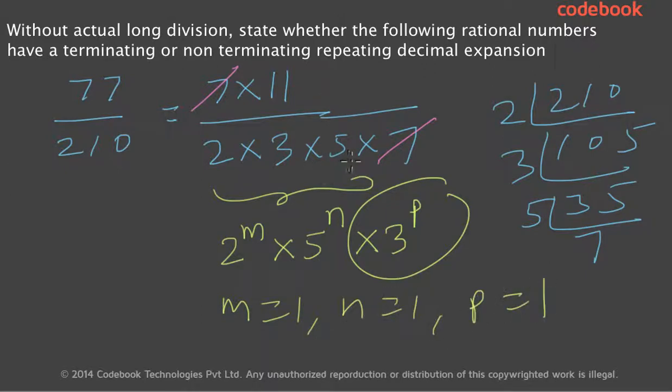So this number is a non-terminating repeating decimal, because based on the theorem the denominator cannot be expressed in the form of 2 power m times 5 power n. In this way we can apply the theorems that you have learned in the rational numbers lesson and prove whether the given rational numbers have a decimal expansion that is terminating or non-terminating recurring decimal.